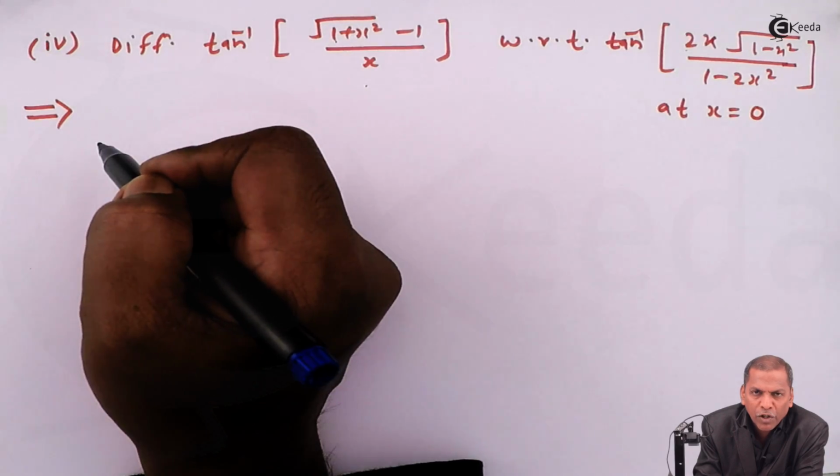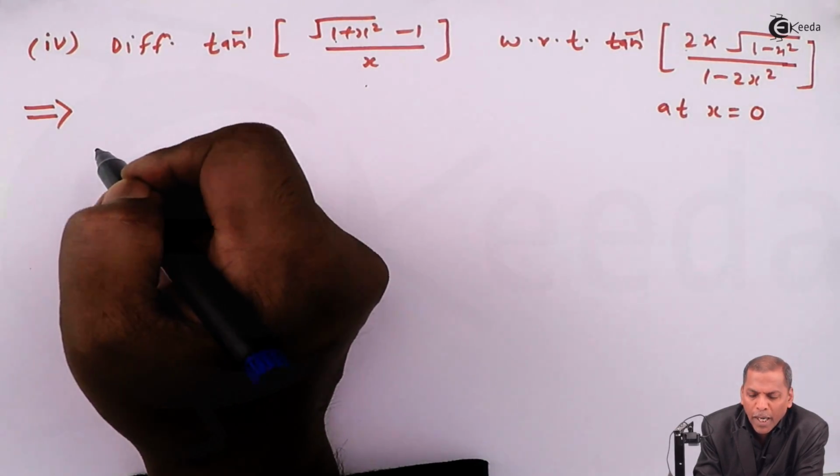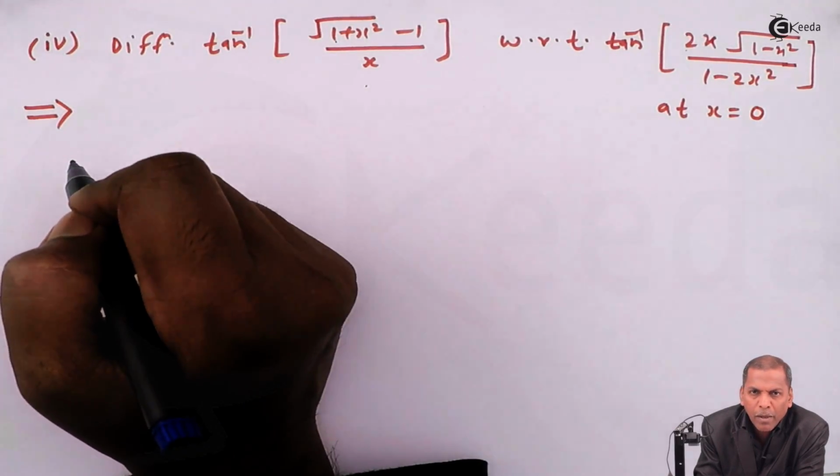First of all, the first function we denote as u and the second function we denote as v.